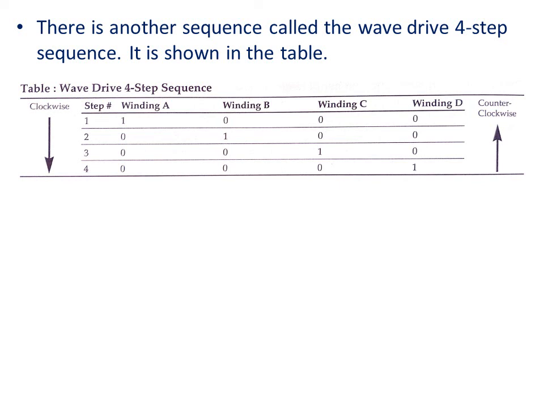And to produce the fourth step, the sequence is 0, 0, 0, 1 for windings A, B, C and D respectively in clockwise direction. The opposite sequence we need to feed into the different windings to rotate the stepper motor in counterclockwise direction.